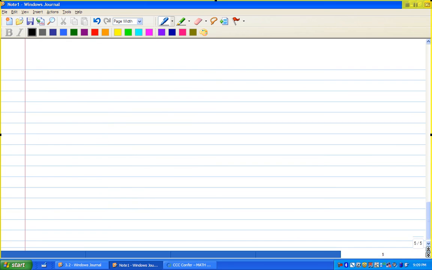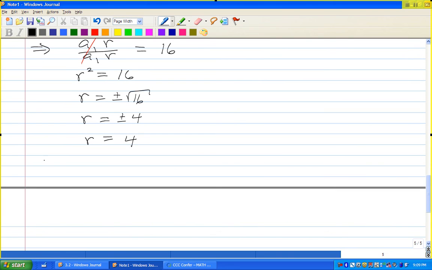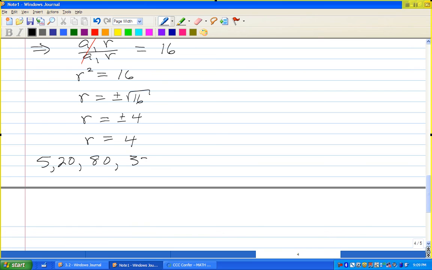So the first term is 5 multiplied by 4, 20, multiplied by 4, 80, multiplied by 4, 320, multiplied by 4, 1280. Oops, only the first 4 terms. I want the first 5 terms.